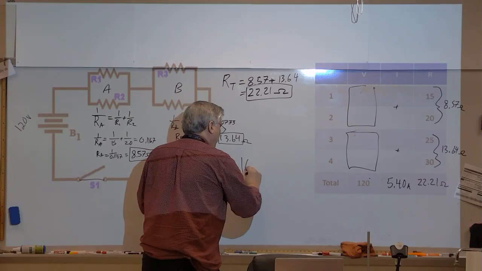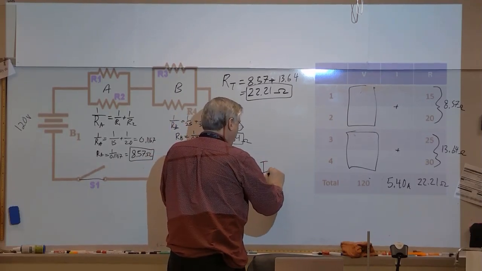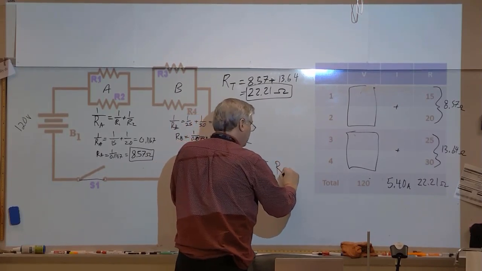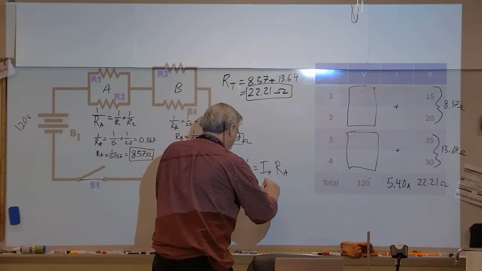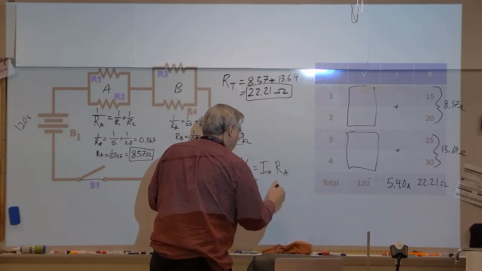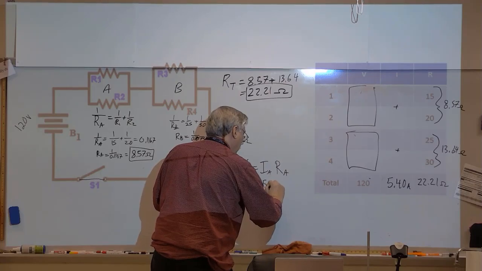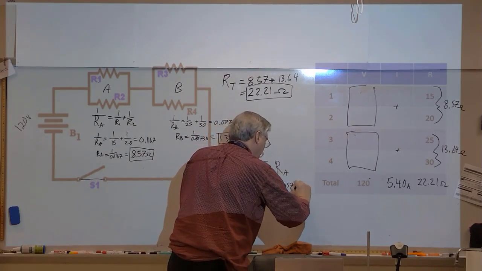So I'm going to say the voltage at A is equal to the current at A times the resistance at A. So it's going to be 5.4 amps times 8.57 ohms.